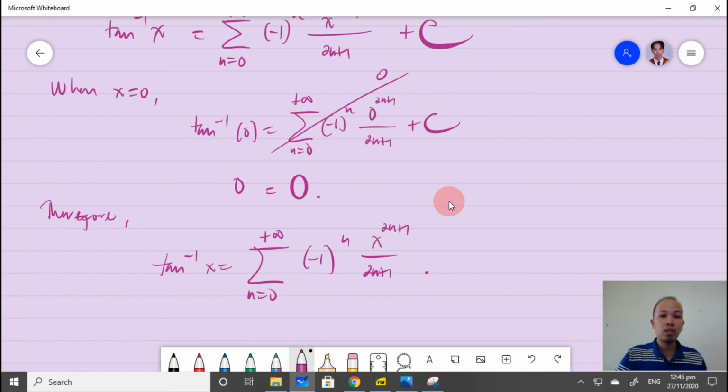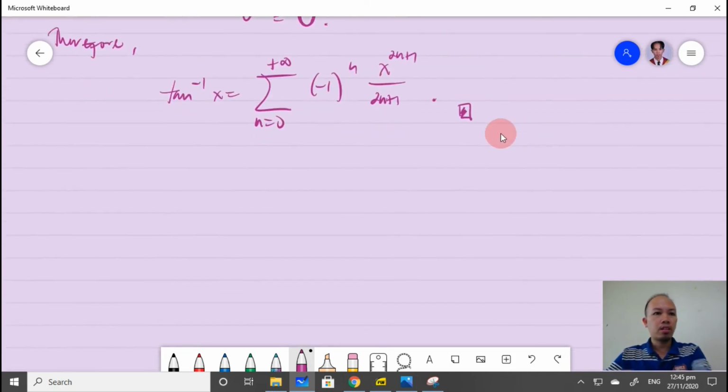To get the interval and the radius of convergence of the series, again, just use the ratio test. I guess that's all for this discussion. Let's have an assignment here.